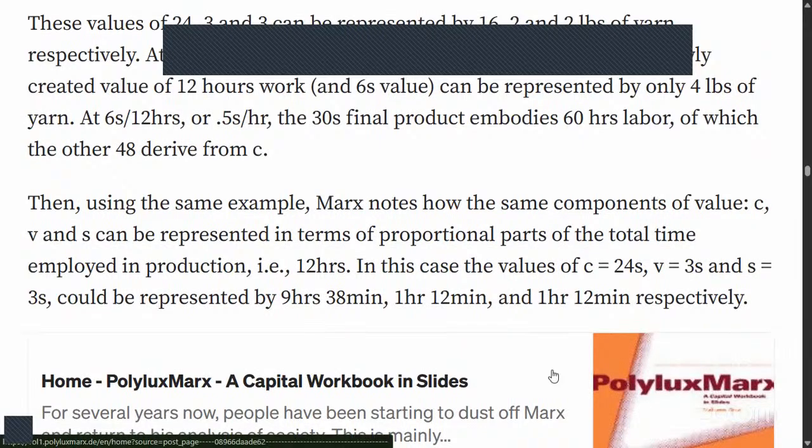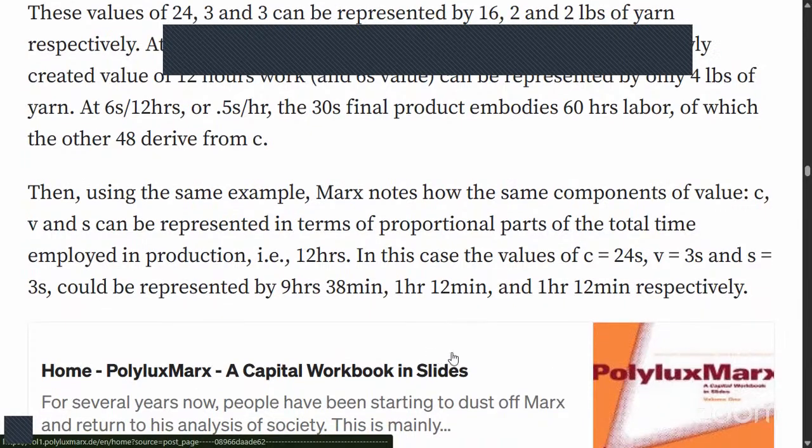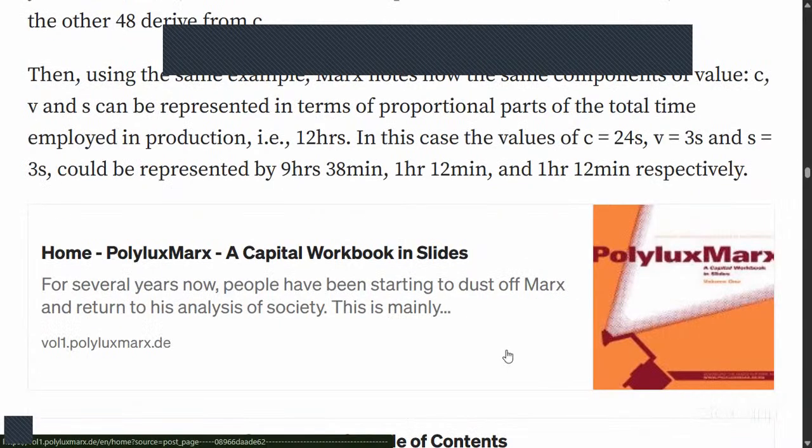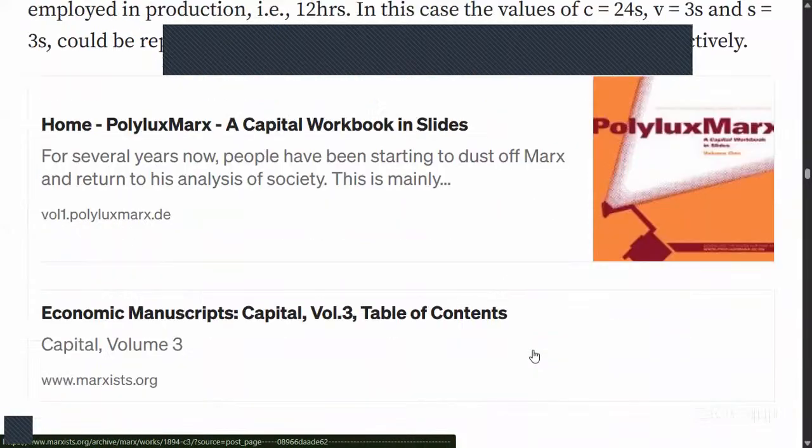We're still, in some sense, comparing what Volume 3 looks like compared to Volume 1. I've included a link to a capital workbook in slides for Volume 1, which is useful for those who love slides, and also the link to Capital Volume 3, the online version of it.